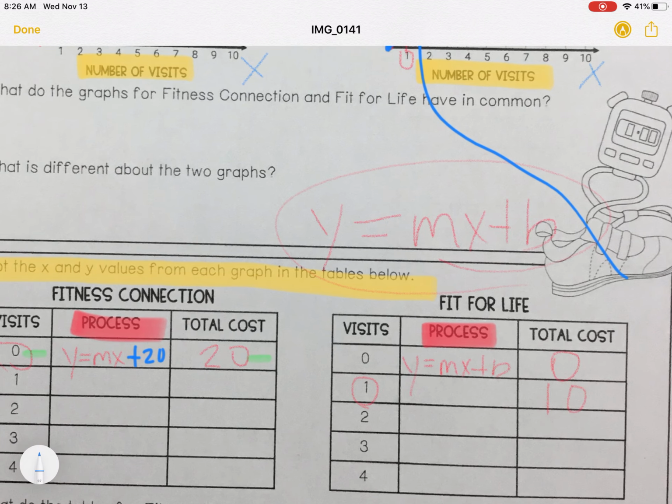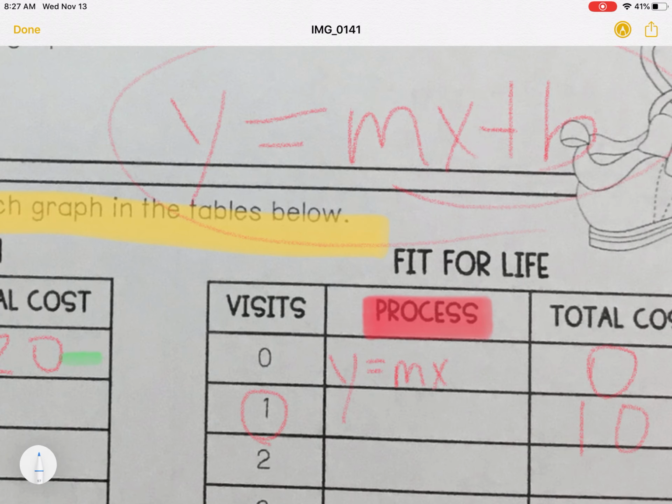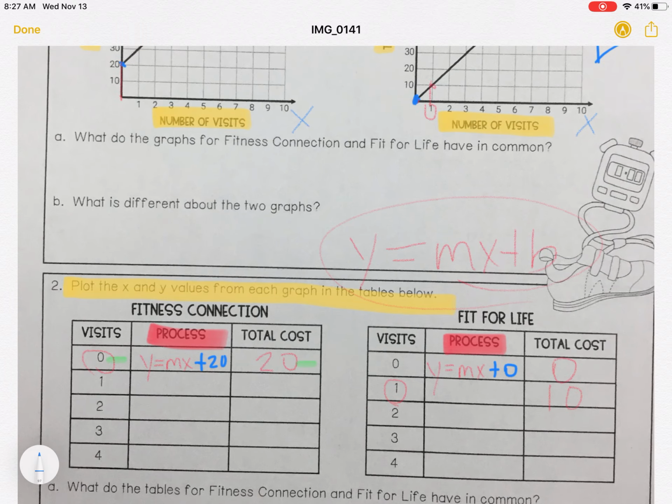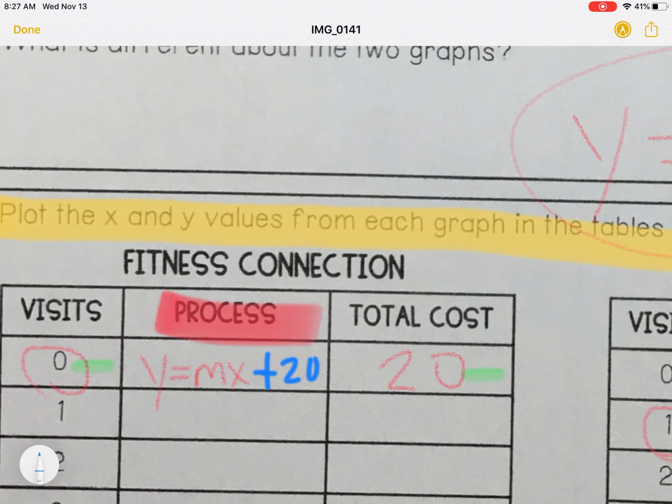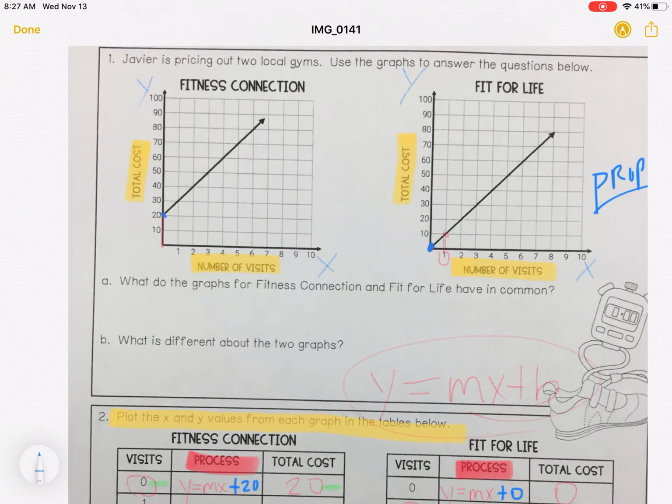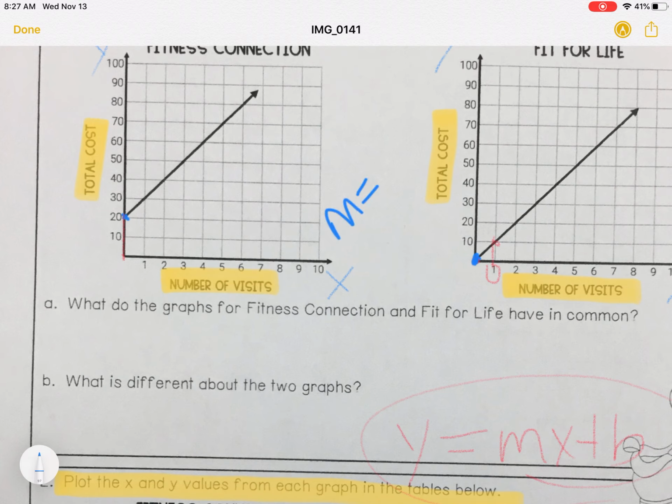So I will come down here, and I will erase my plus b, and I will put my plus 0. Okay, now I got to plug in my m. Well, what is m? M equals slope, which equals rise over run.